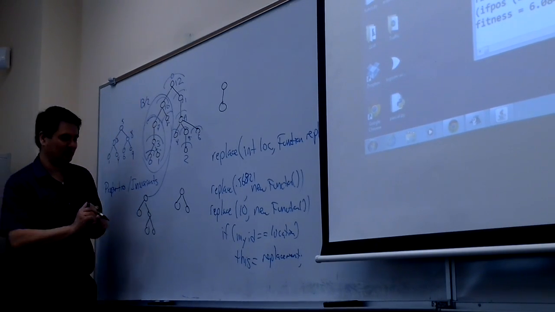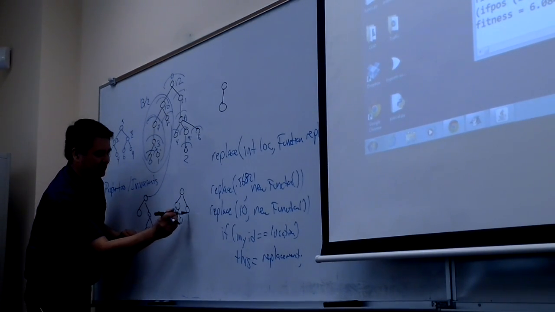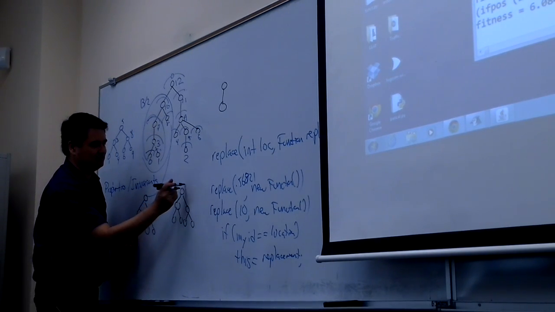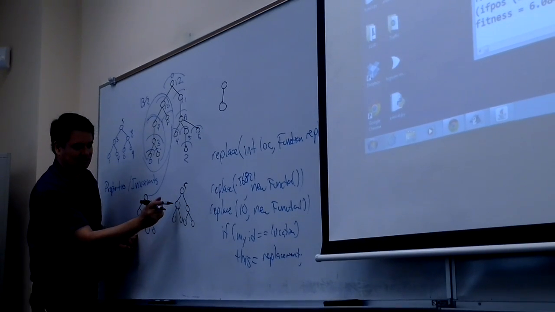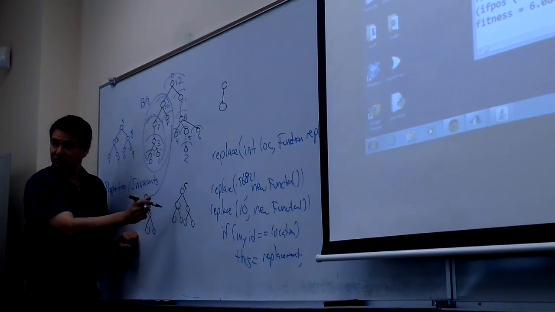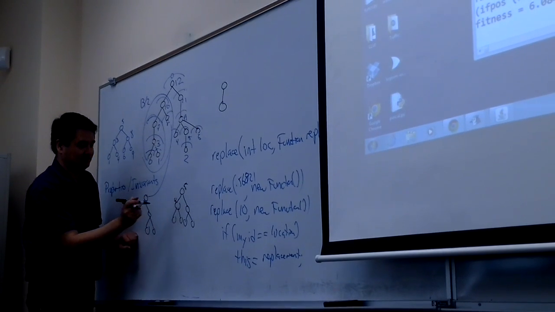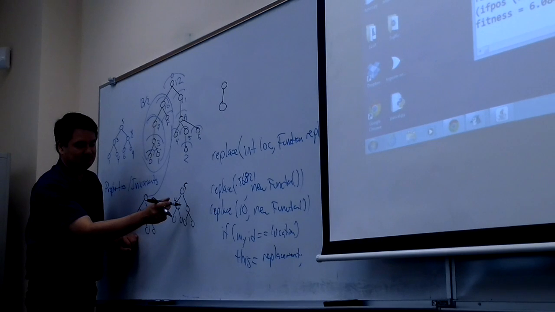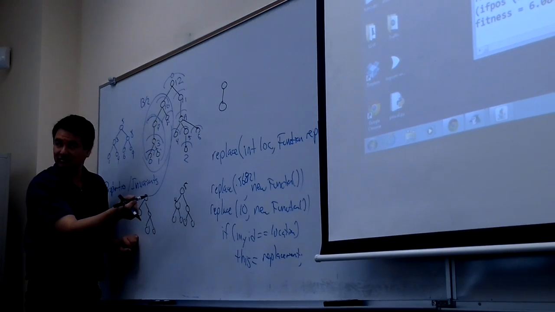So if all the ones to the left are odd and all the ones to the right are even, let's say this is 5. That means this must be like 4 or 2, and this one must be 3 or 7 or 0 or 1.